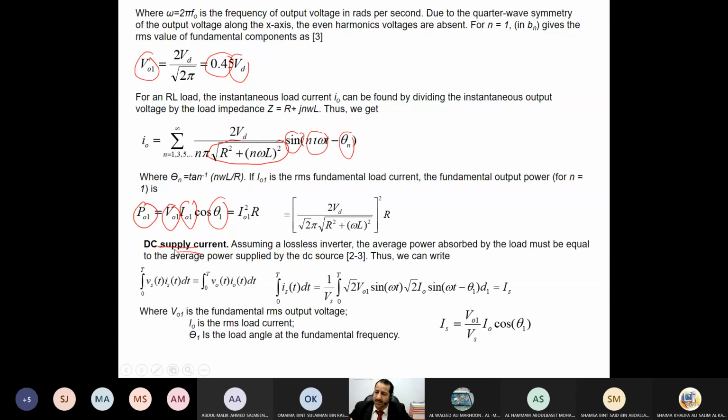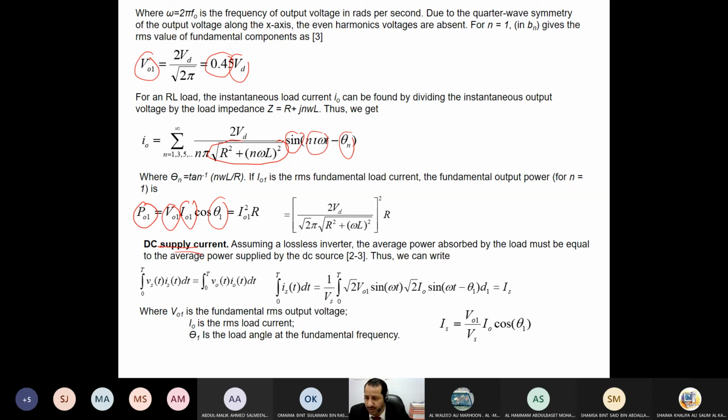Yes, I want to convert my DC into AC, but expect that you have harmonics on the output and on the input. We need to have a filter on the output and the input. We need my load to receive a pure sinusoidal waveform. For that, a filter is there.